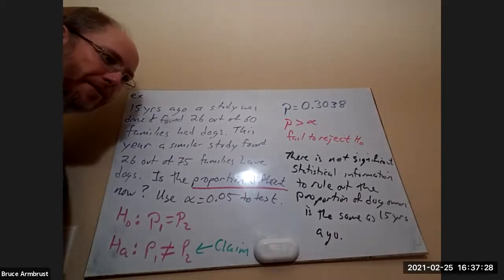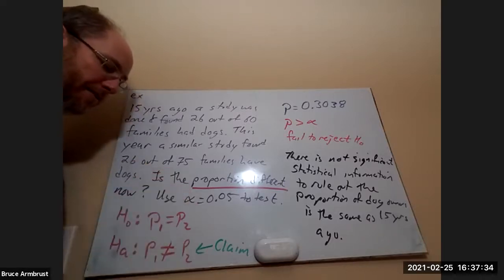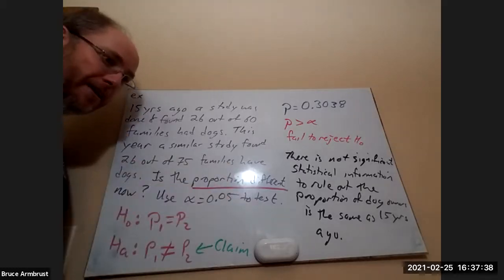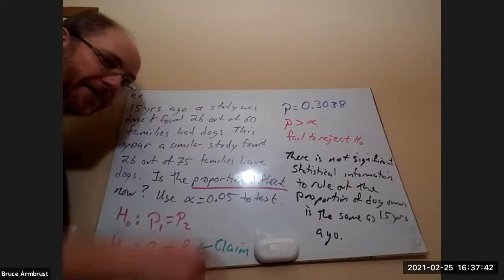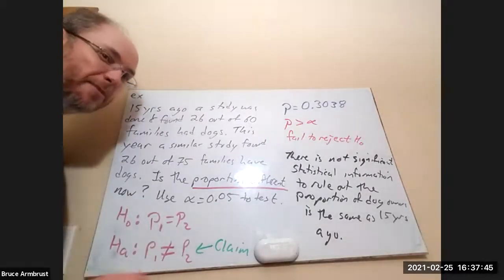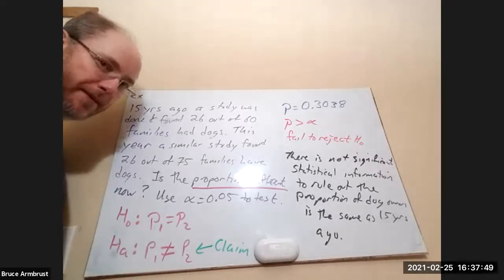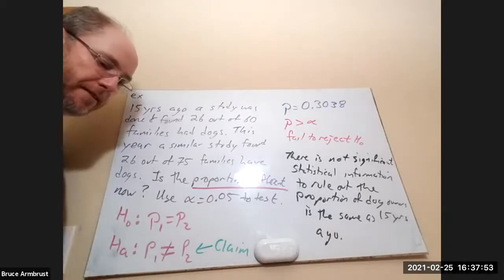I'll pick Willie this time. If Willie says the proportions are the same, I'm not saying, Willie, you're right. What I'm saying is, Willie, I can't say that you're wrong. I'm not comfortable saying that you're wrong. Which is a different statement, but those are the statements that we make when we do hypothesis testing.